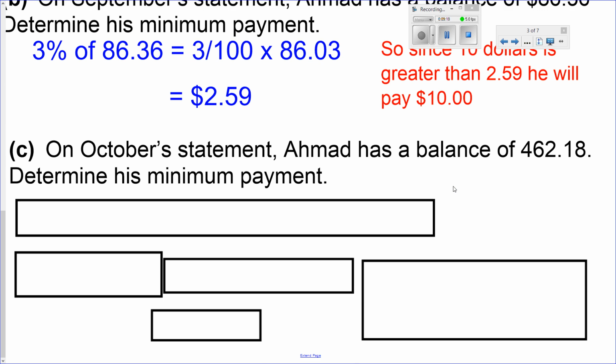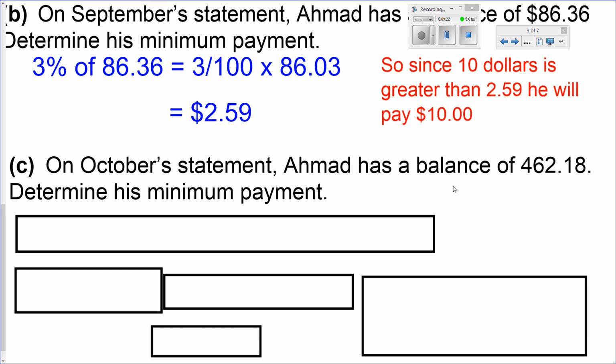All right, now, on October's statement, Ahmed had a balance of $462.18. We're going to determine what the minimum payment is.